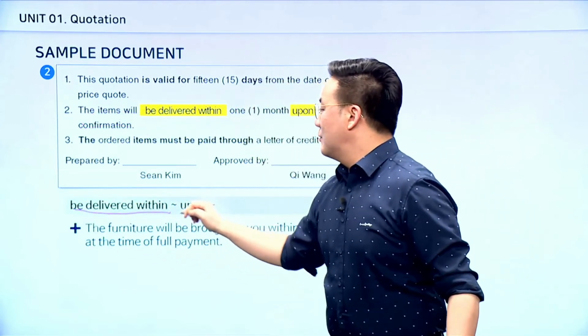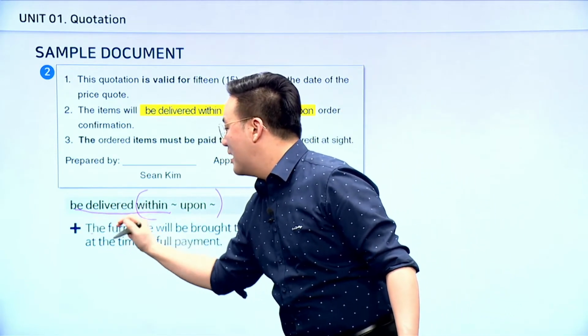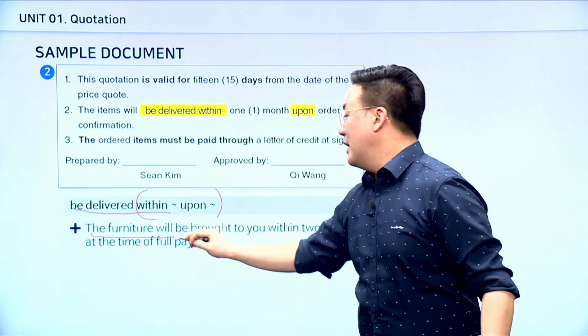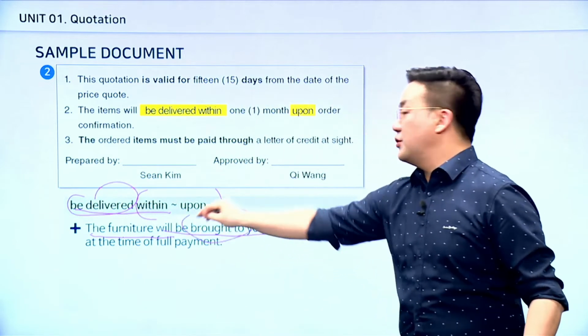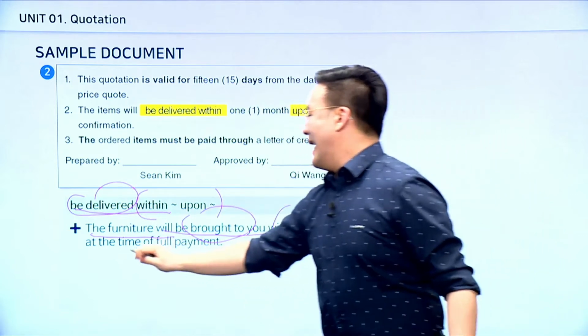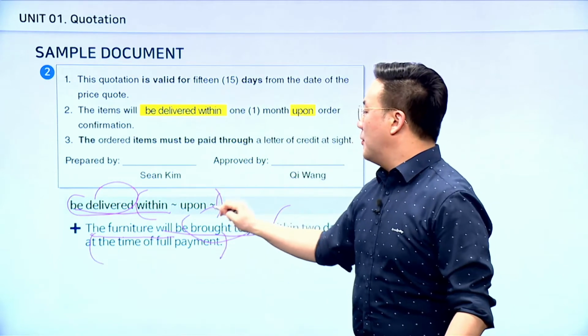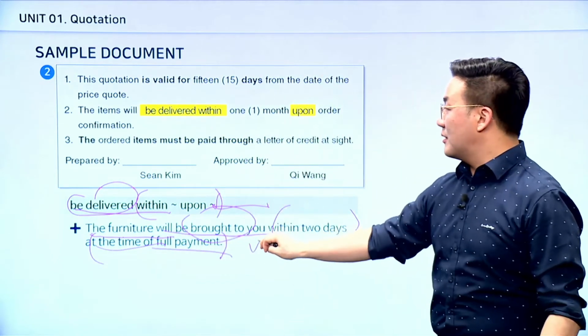So be delivered within, upon, can be alternated with the furniture will be brought to you. Be delivered, be brought to you, same thing, within 2 days at the time of full payment. Upon something, at the time of something is the same thing. So this is a different option, right?